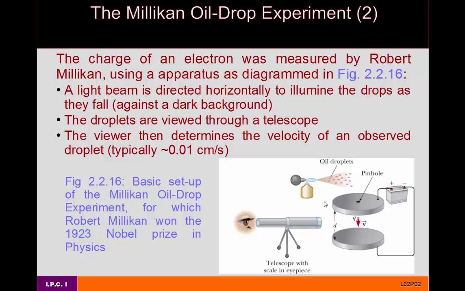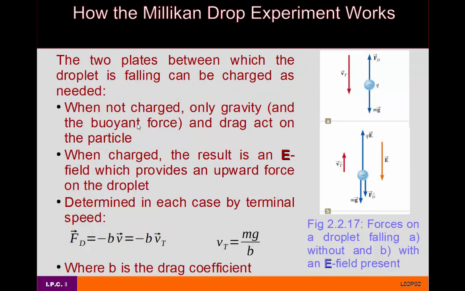What he does is watch these droplets, and they actually fall very slowly, about 0.01 centimeter per second. And the way that this experiment works is, when you don't charge the two plates, the only forces that act on the droplet are gravity, the buoyant force, and the air drag.